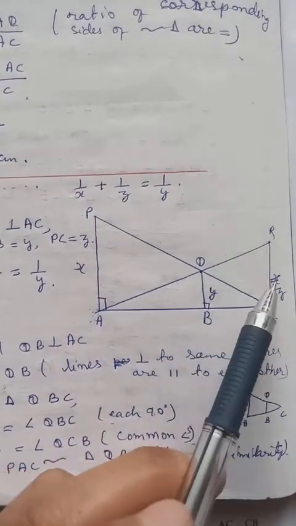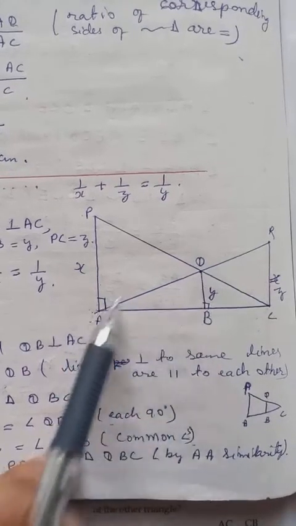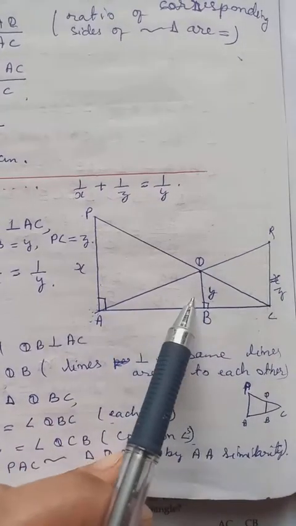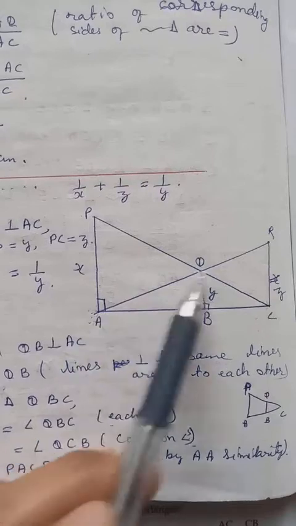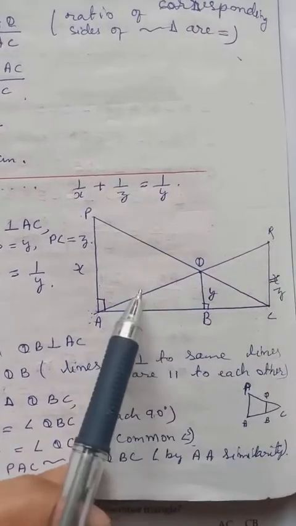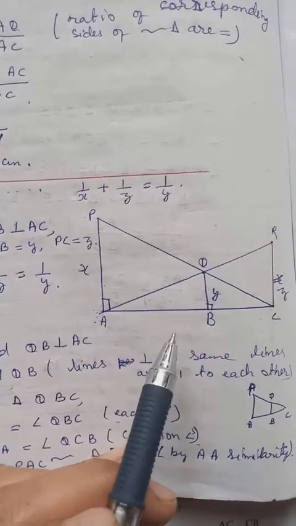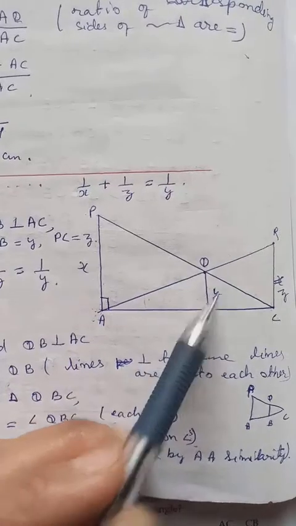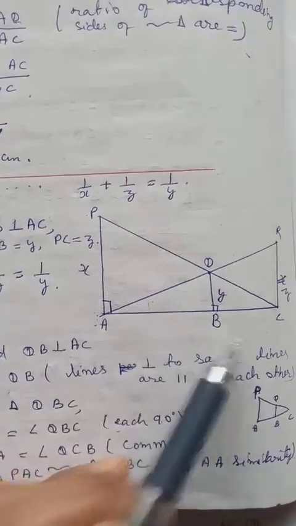So if we compare these two, the small triangle and the big one, this is 90 and this is also 90. Then angle BAQ and angle CAR are the same angle. So two angles are equal and the two triangles are also similar. In that case, we can also take the ratio QB by RC equal to AB by AC.